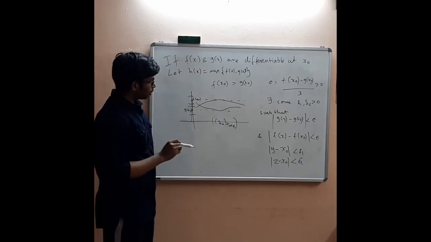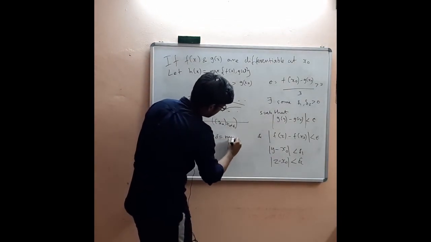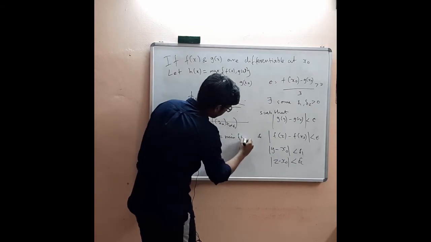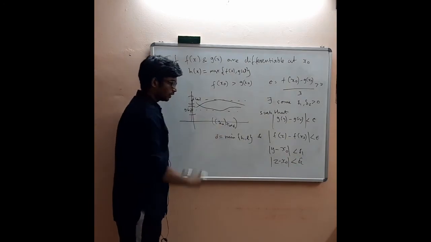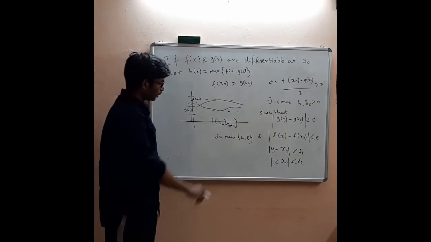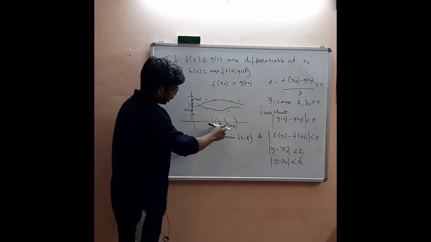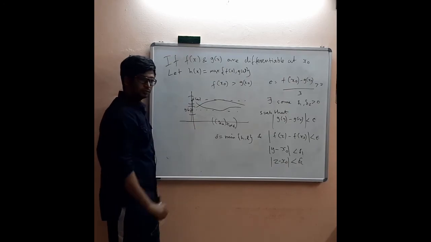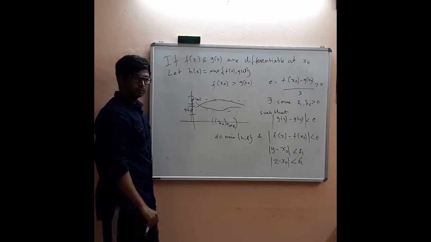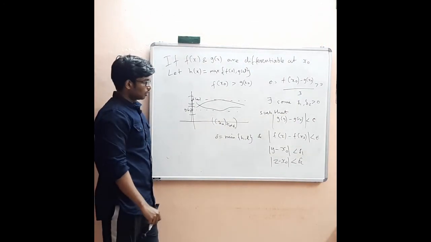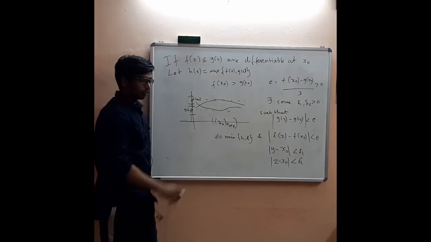So we are going to take delta equal to the minimum of delta 1 comma delta 2. Whatever the minimum is, we are going to take that. Let's say we have delta 1. So all the values of g will lie within this interval, and all the values of f will lie within this interval. So what is the maximum in this interval, f or g?